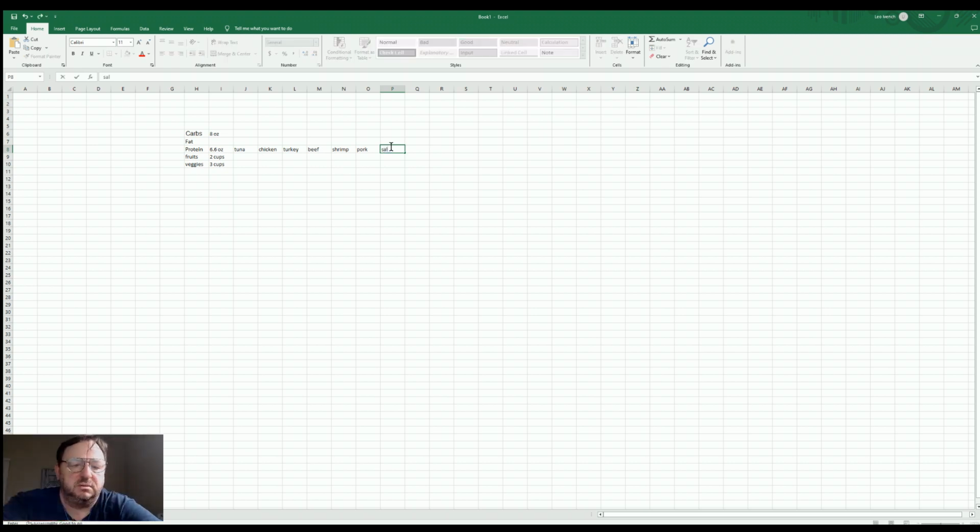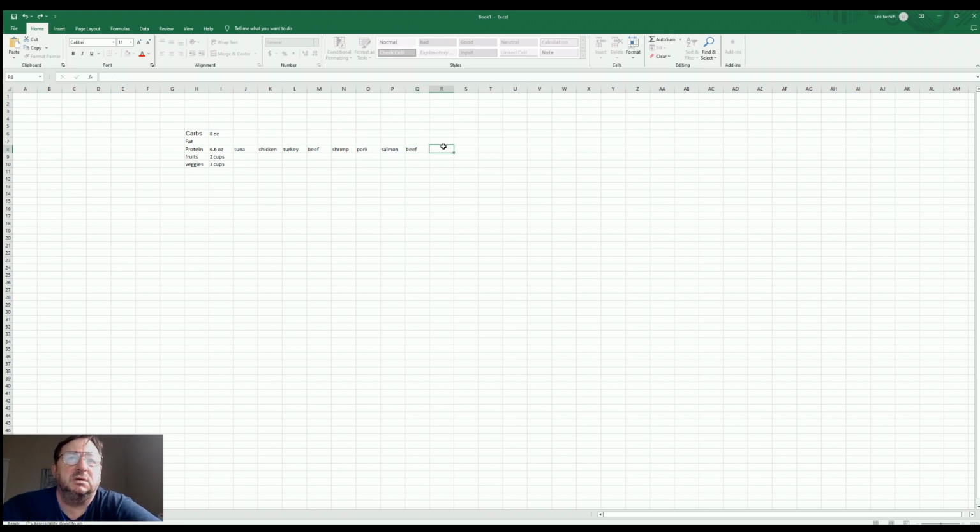I put here just now, suppose here I put salmon. Salmon is good for omega. Then suppose I like maybe certain other cut of beef.